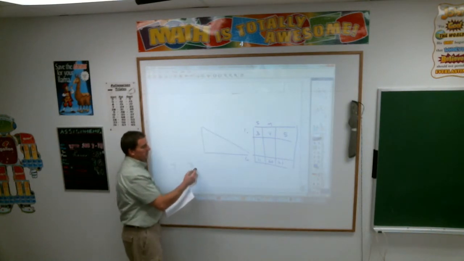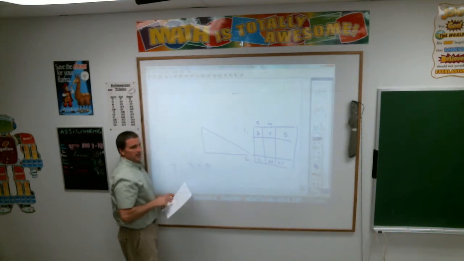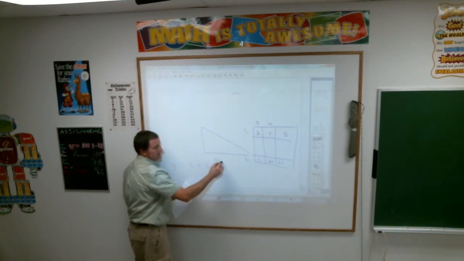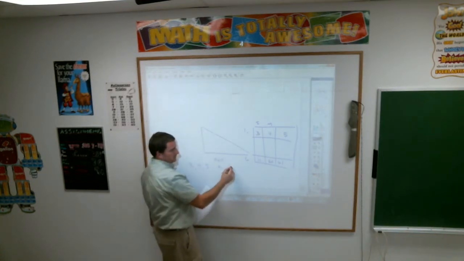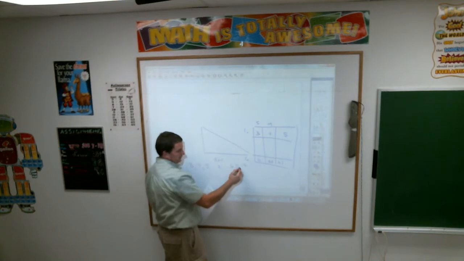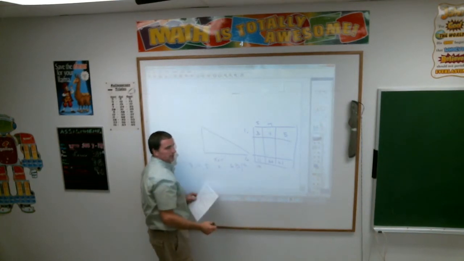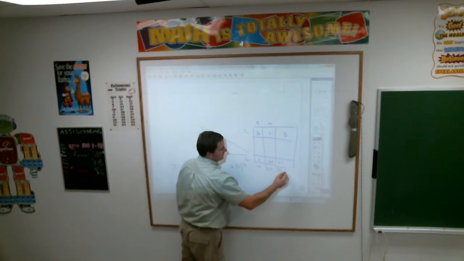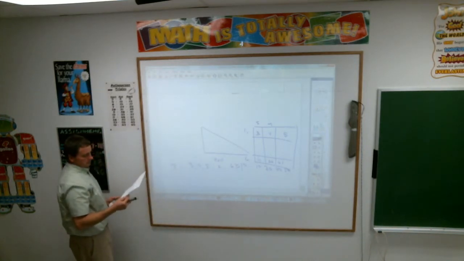So you write it down as 3, 4, 5. That's the first column. Then they say they want you to use a factor of 2. So you just double all of those, which would make it a 6, 8, 10 triangle. And then they want you to use a factor of 10, which would make it a 30, 40, 50 triangle. Got that?